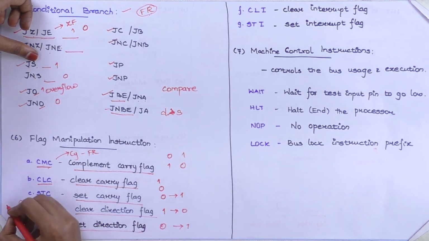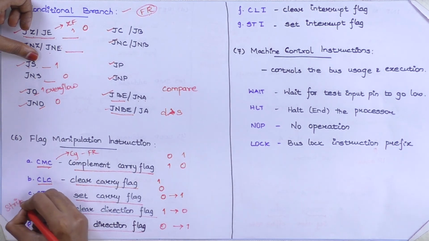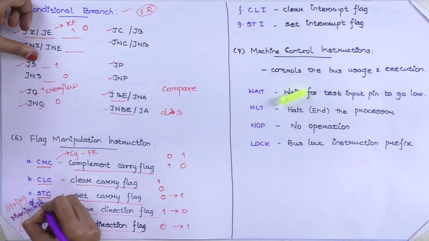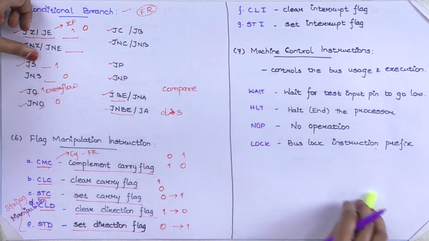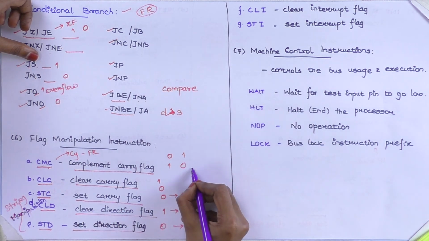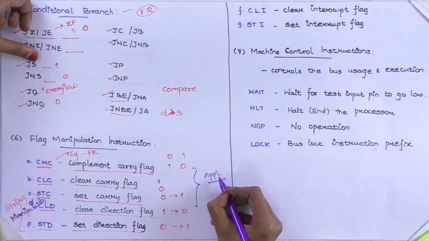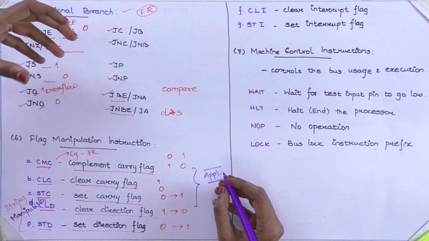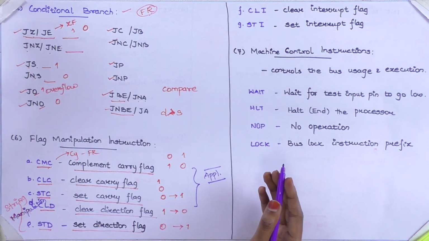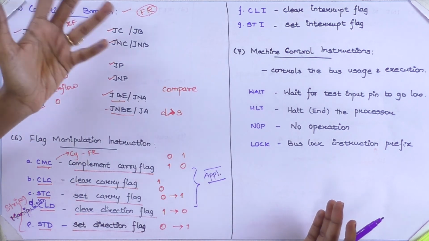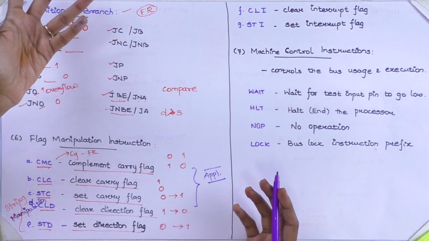These two instructions we will use at the time of string manipulation. We have discussed this previously, and these instructions are used depending on the application. So if you have decided that if carry has been set, you are supposed to perform some other application, you can use this instruction.